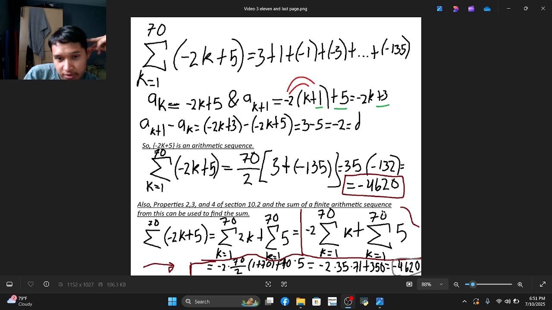It's equal to negative 2 times 35 from here times 71. This is the summation. Plus 350, which is this one. And then we just add it. It will be the same result as this one. Cool.